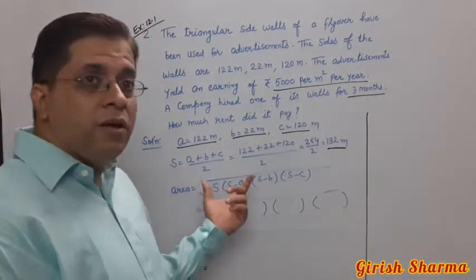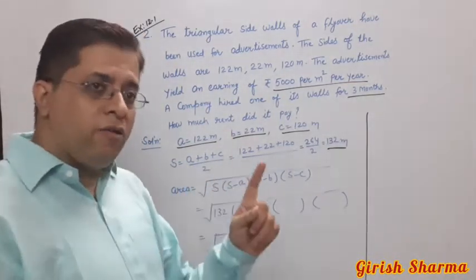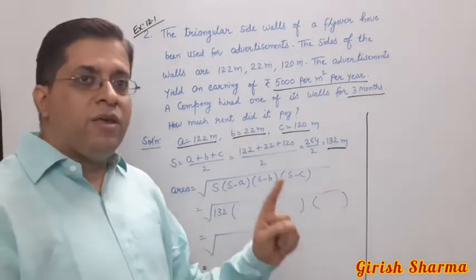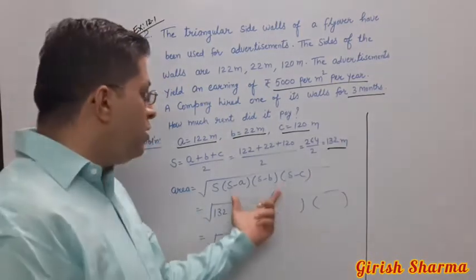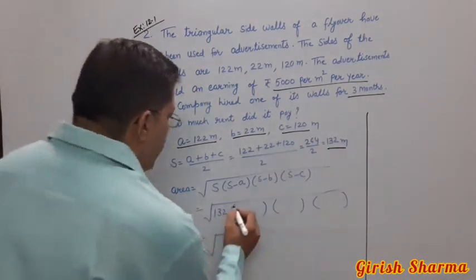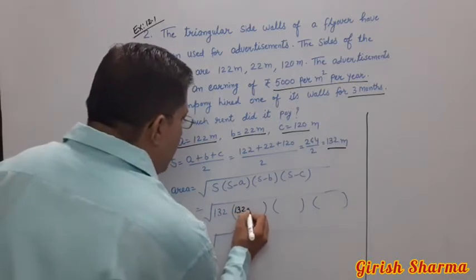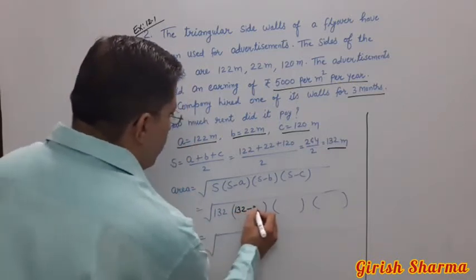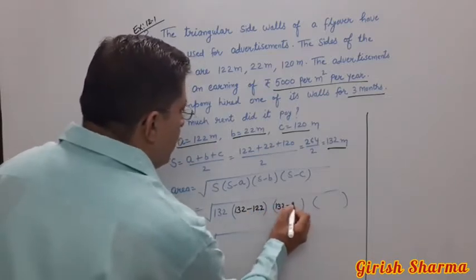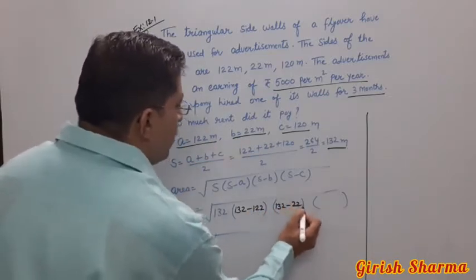Okay, what is the area of the triangle by Heron's formula? Under root S into S minus A into S minus B into S minus C. S is given, 132. Then 132 minus A, A is 122. 132 minus B, B is 22.